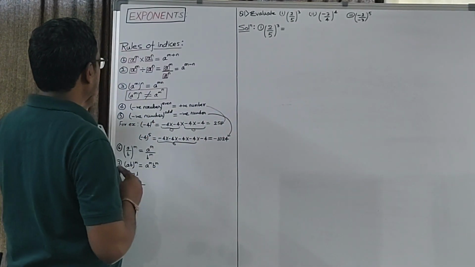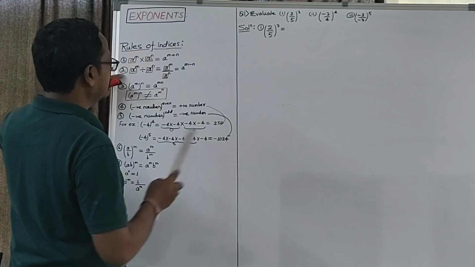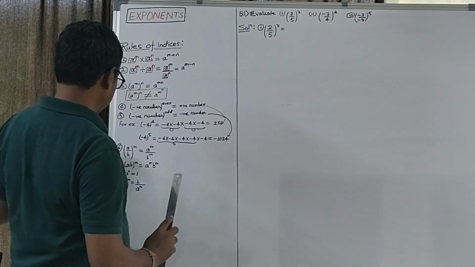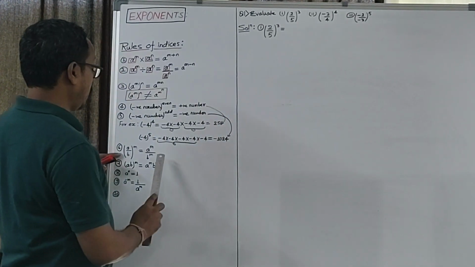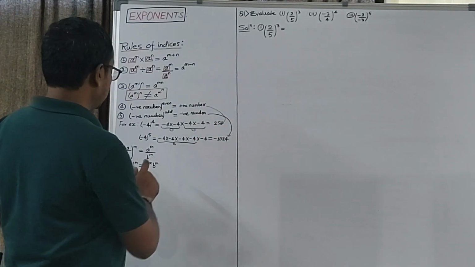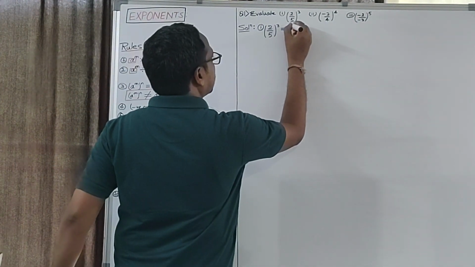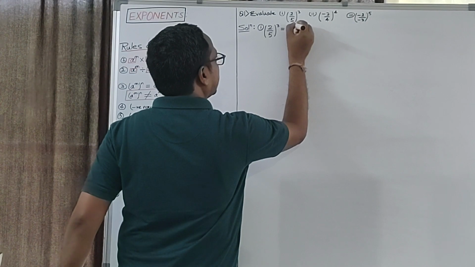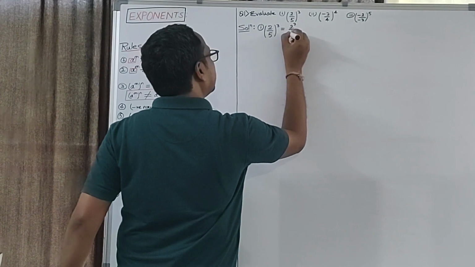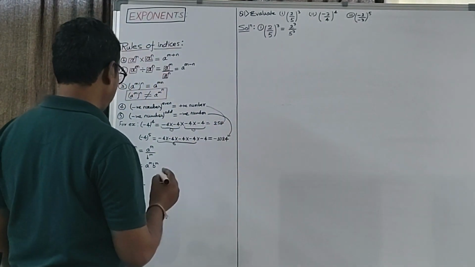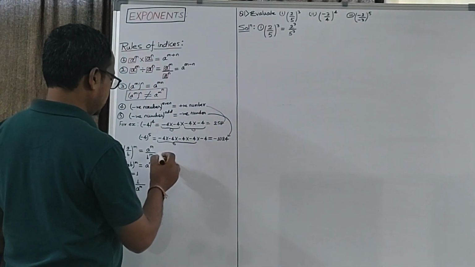We'll be using, this is not applicable, this is not applicable, because 2 and 5 are different bases, right? So here, this law can be applied, right? So as per this law, you can write it as 2 to the power 3, okay, and then you write 5 to the power 3. Which rule did you apply? The answer is this rule.